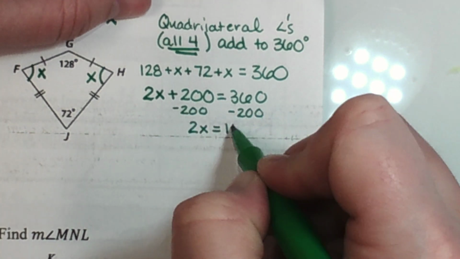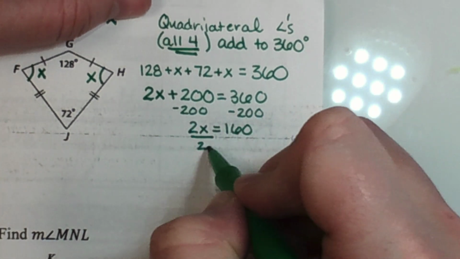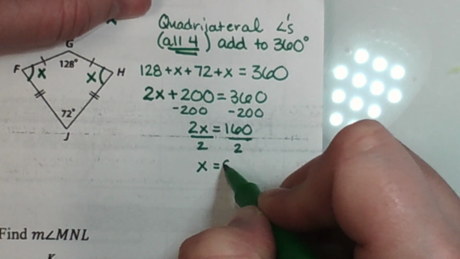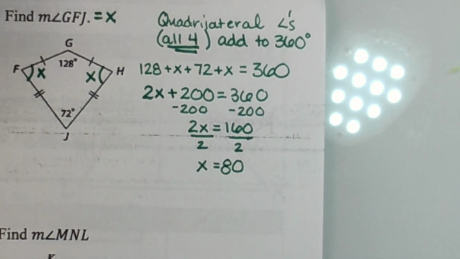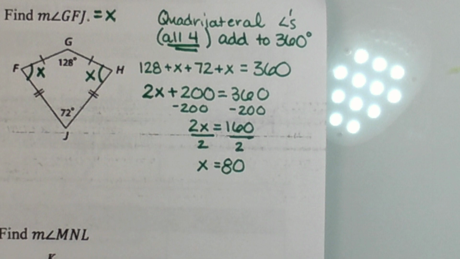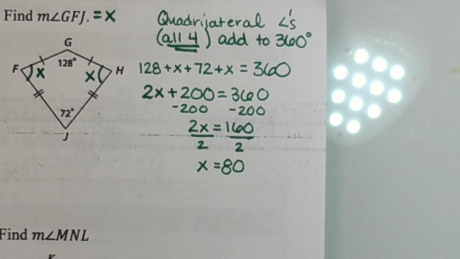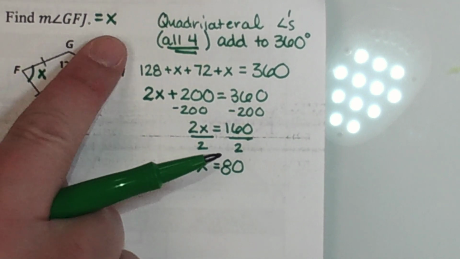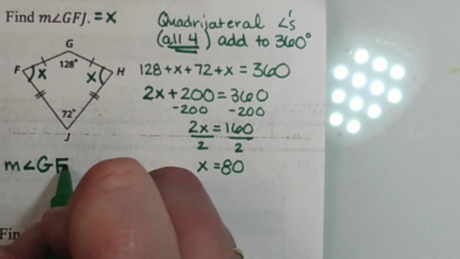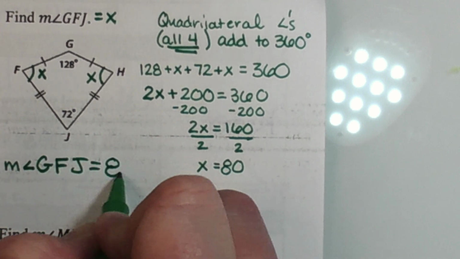I get 160. I divide by 2. Just 80. Is x what we were supposed to be solving for? We were supposed to be looking for the measure of angle GFJ. But we called GFJ x, therefore the measure of angle GFJ is real simple. It is just the 80.